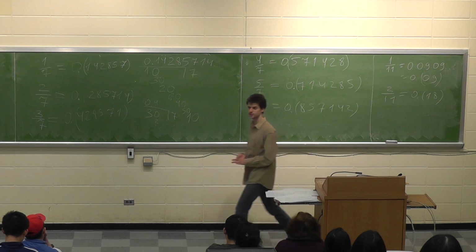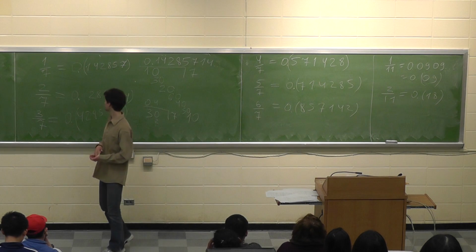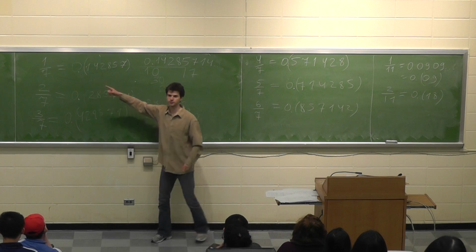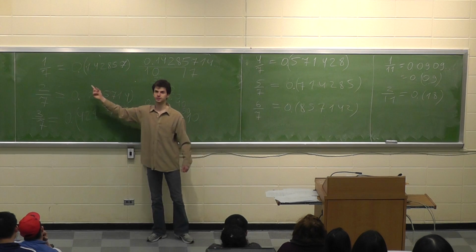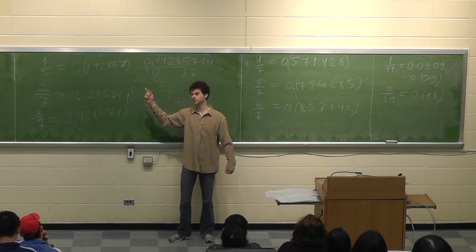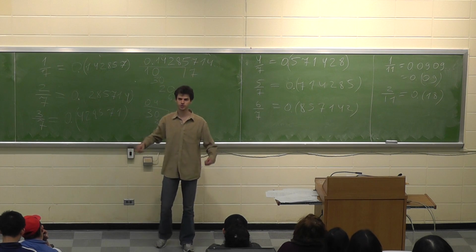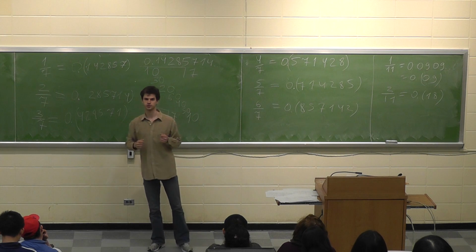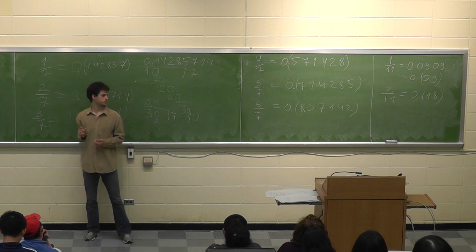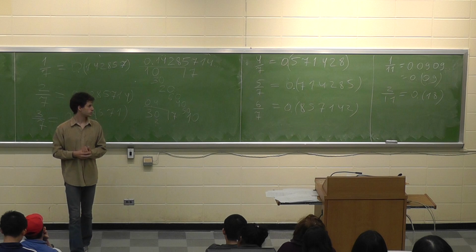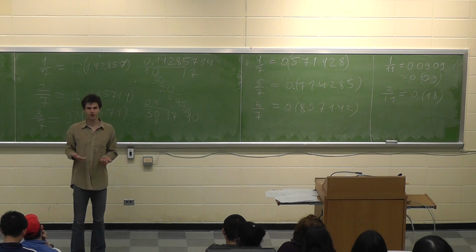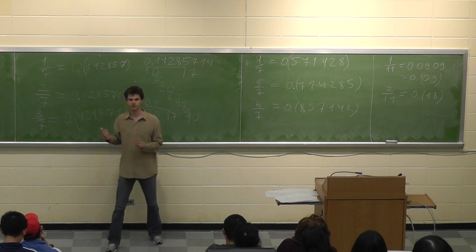So the next one with the same property is 17. For 1 over 17, you will have a period. Its length will be 16. And as you multiply it by different numbers from 1 to 16, you'll get just cyclic permutations of this period as the new periods. So the question is, well, how to think about this phenomenon.